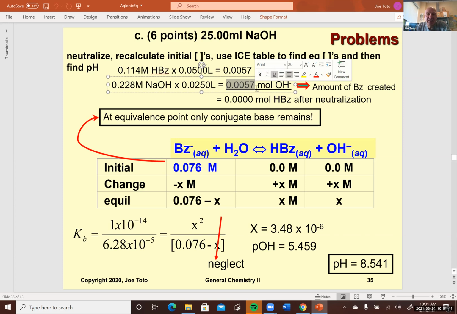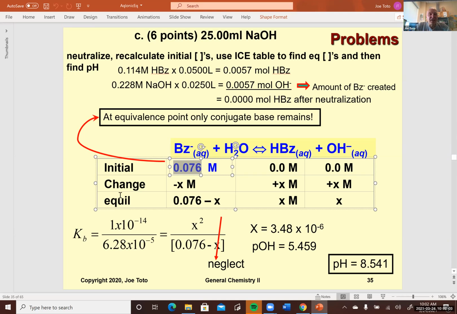So now I just take that moles, realize that it's the moles of Bz minus. I add up the volumes to get the total volume. I divide that moles by the total volume, and I get the initial concentration of the conjugate base.